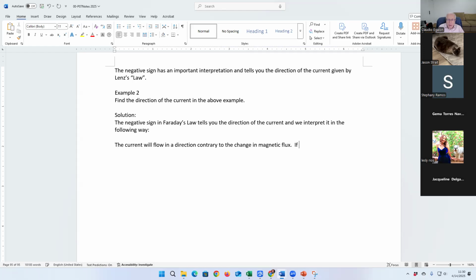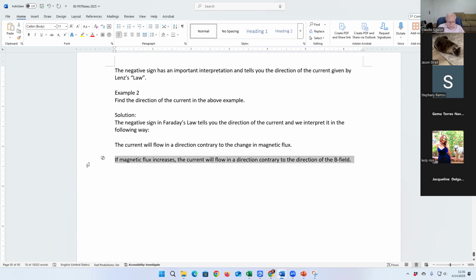If magnetic flux increases, the current will flow in a direction contrary to the direction of the magnetic field, okay, here you go. If the magnetic flux increases, the current will flow in a direction contrary to the direction of the magnetic field.